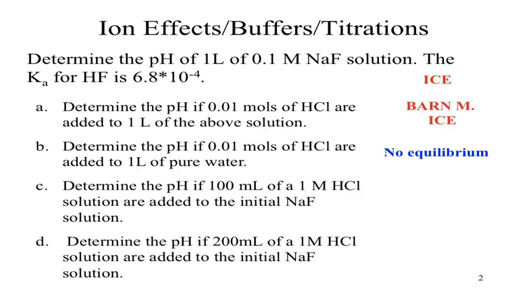It's an easy calculation to miss. Probably the most important part of your BARN chart is dealing with that M portion. We have to make sure that you're using the total volume of the entire solution. In some cases the volume doesn't change, in some cases it does. Watch out for that. At that point, we now have some concentrations that we could evaluate.